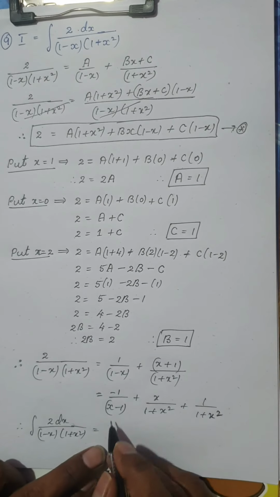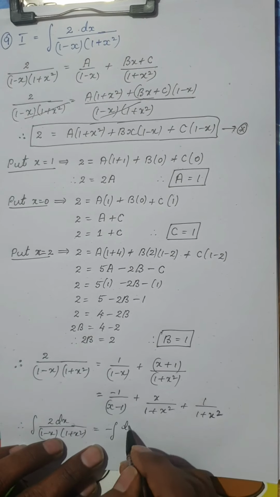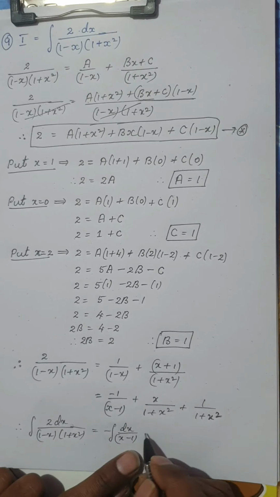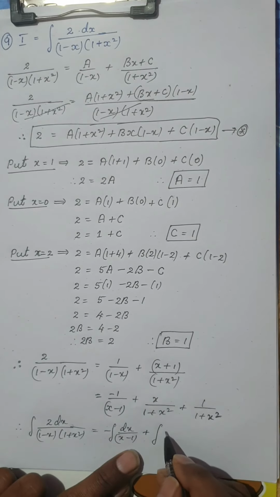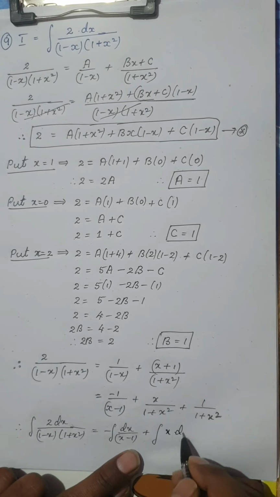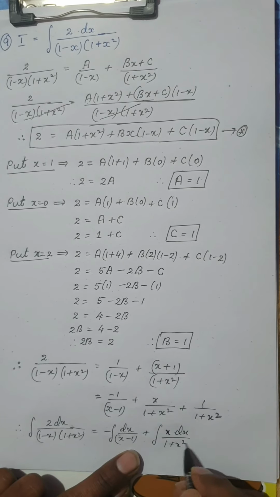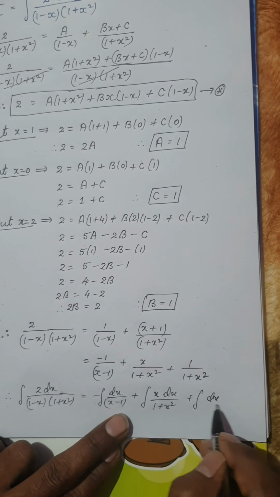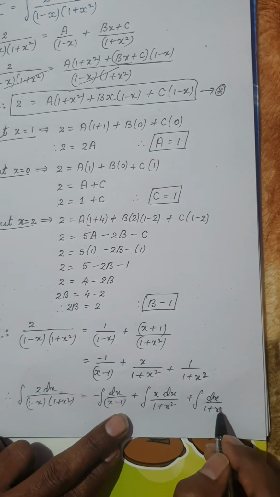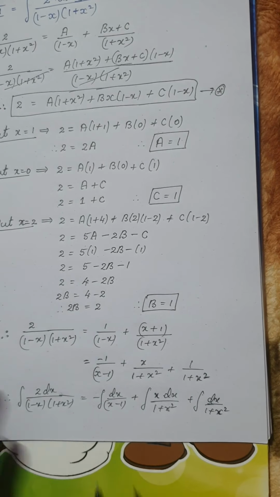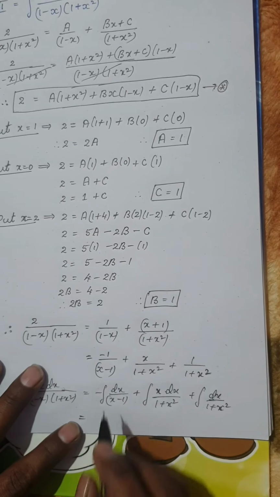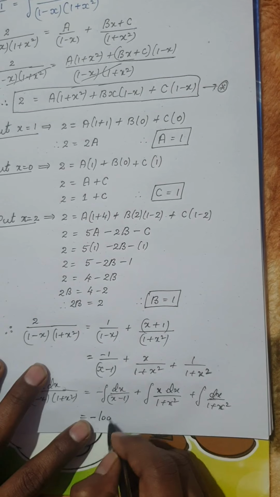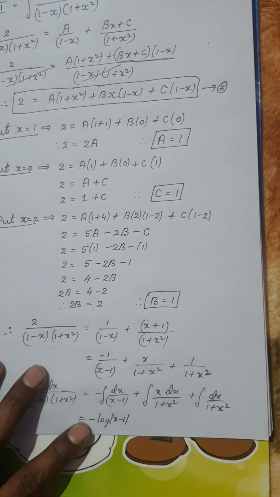This is nothing but, let me keep this minus outside, integral of dx divided by x minus 1, plus again here integral of x dx divided by 1 plus x square, plus integral of dx divided by 1 plus x square. So minus as it is, integral of dx by x is of the form log of mod x minus 1.